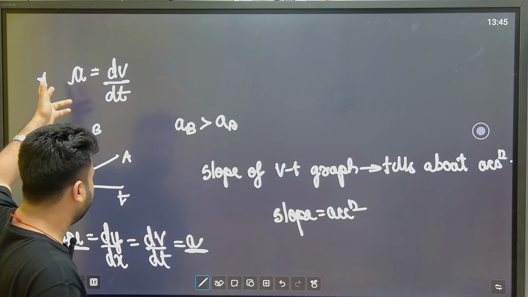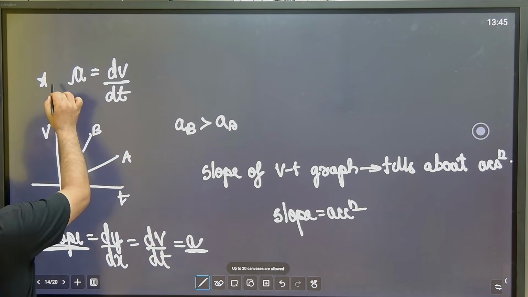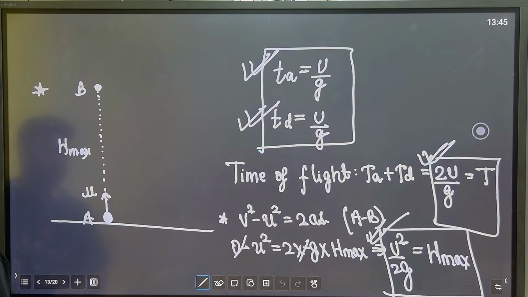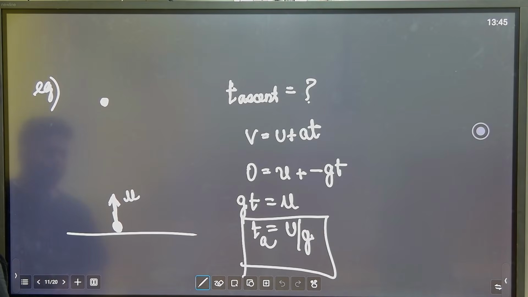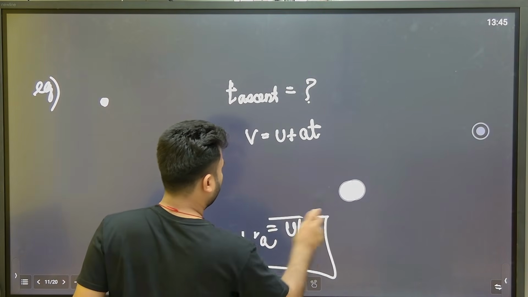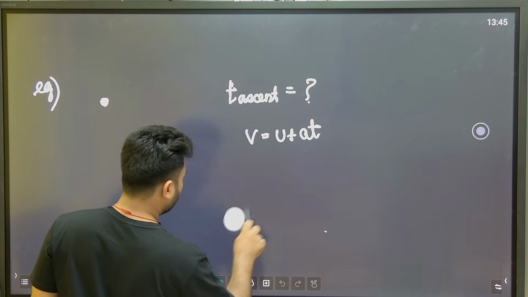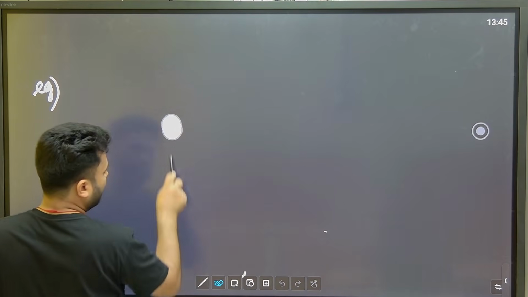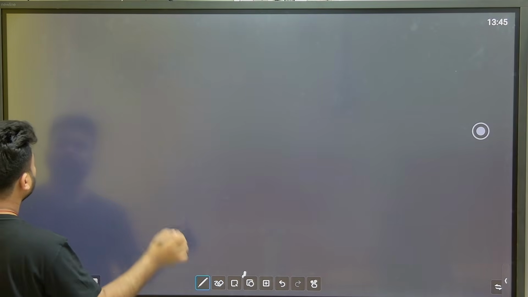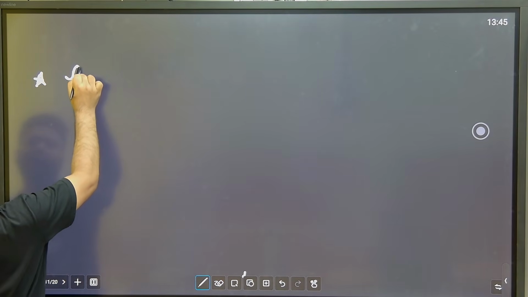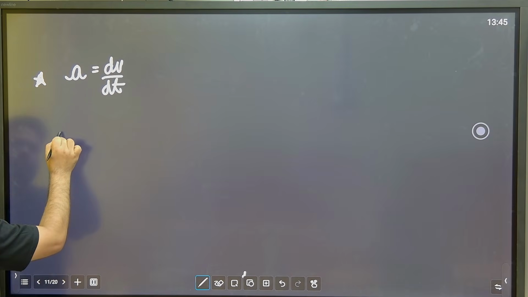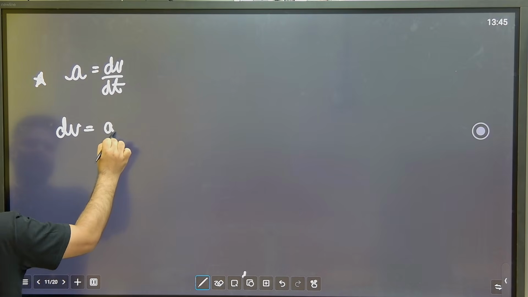If we cross multiply, the same thing will happen. See here, what I am saying: acceleration equals dv by dt. You cross multiply, so dv equals a dt.